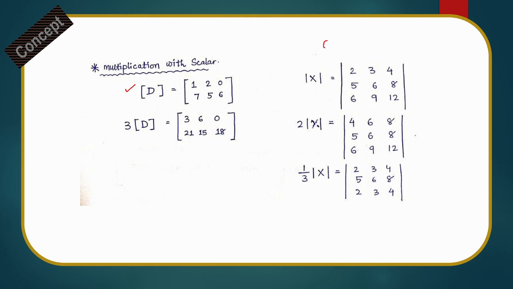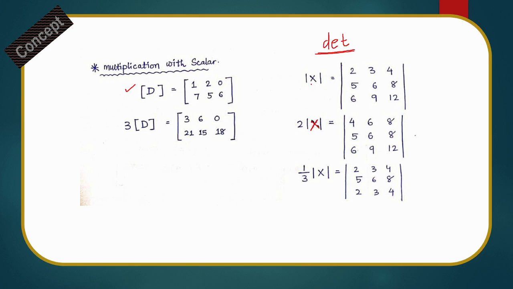But in the case of determinant form, if you want to multiply a scalar, suppose here 2 is multiplied, we cannot multiply with each and every element. We should multiply either a single row or a single column.